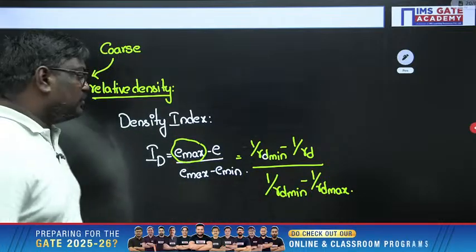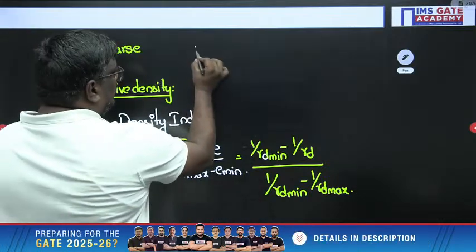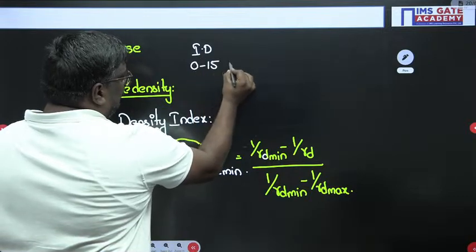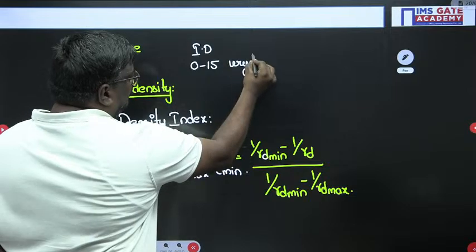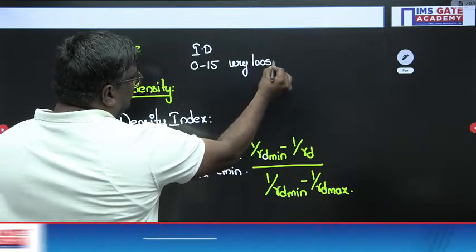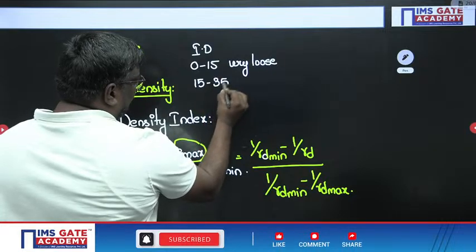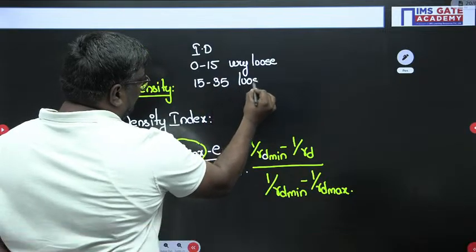Now, if you consider the range, if the density index is between 0 to 15, we consider the state as very loose. If the density index is between 15 to 35, we take it as loose state.